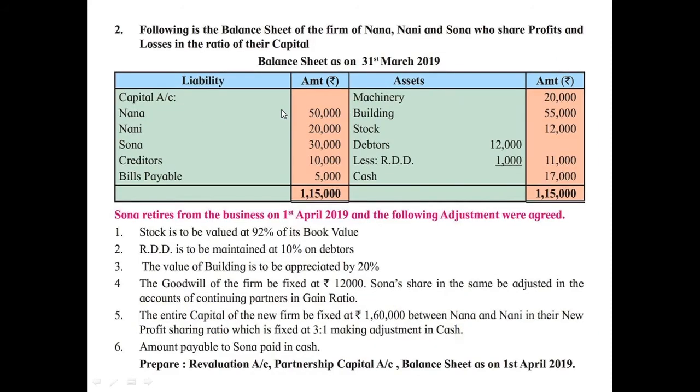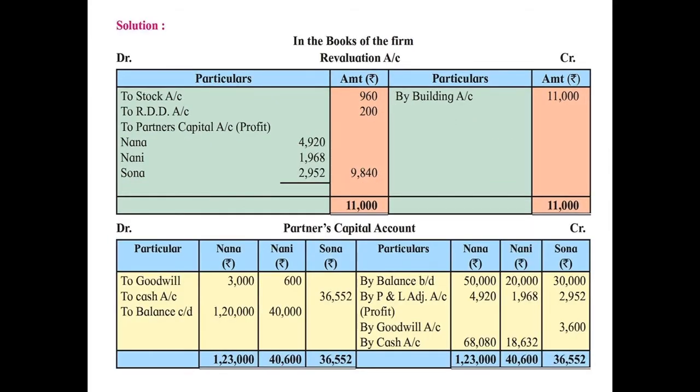Then the next adjustment, the value of building is to be appreciated by 20%. Appreciated means increase in the value of the asset. Value of building as per the old balance sheet is rupees 55,000. 20% of that is 11,000. So when the value of an asset increases, it is recorded on the credit side of the revaluation account, by building account 11,000.